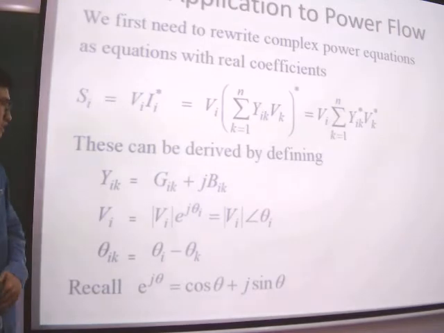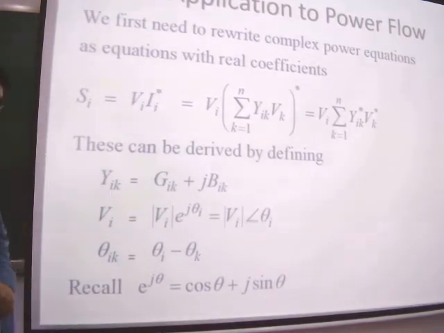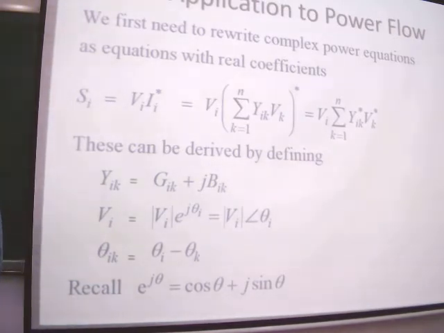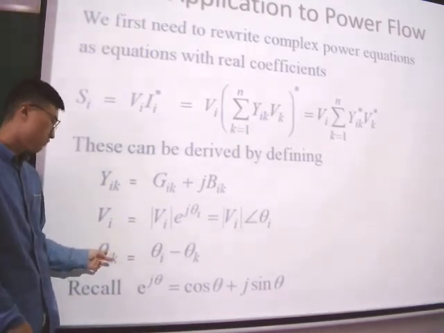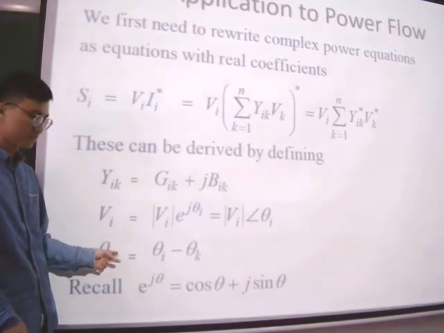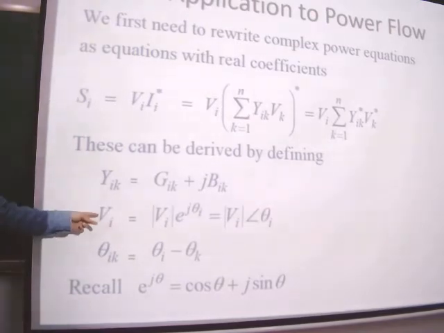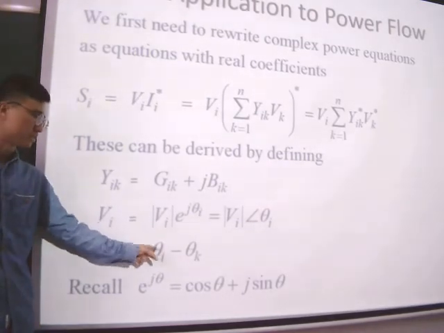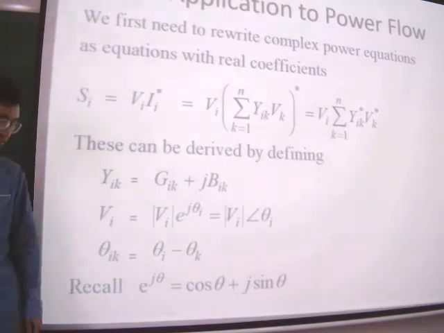And for the voltage, it is the voltage with the angle. And for the difference of the angle for the voltage I and the voltage K, it is the I's angle minus the K's angle.